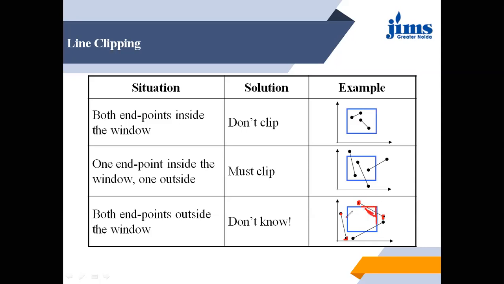So in this condition, we have to find out whether the line is passing through the window or not. There are three different possibilities for this.